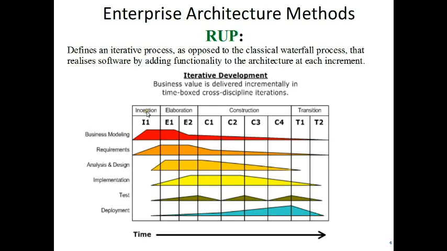As you can see, when you're doing inception and elaboration, that's where you do a lot of business modeling and a lot of requirements as well. Whereas in construction and transition, you will see the modeling and requirements activities getting smaller and smaller towards the end of the life cycle.